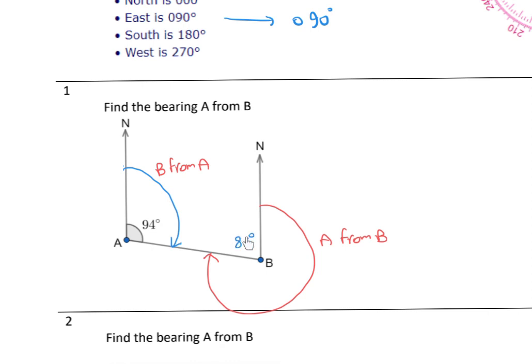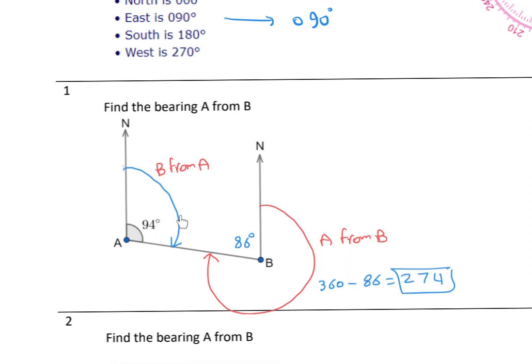Now if this angle is 86, we can find that one, because we have a full turn: 360 minus 86, 274. Look at A from B and B from A. Subtract them: 274 minus 94 equals 180.